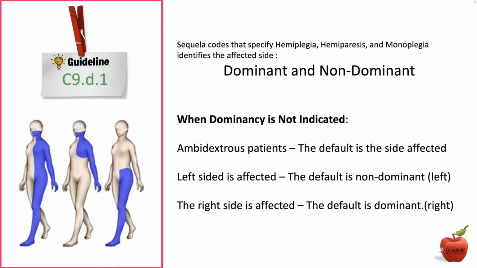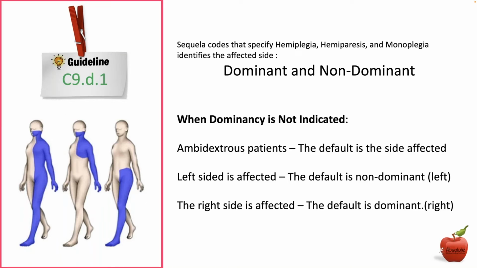You could have, that's specifically what I'm talking about. Any kind of late effect affecting a specific side of the body, that's what we're talking about when we're talking about dominancy and side of the body.